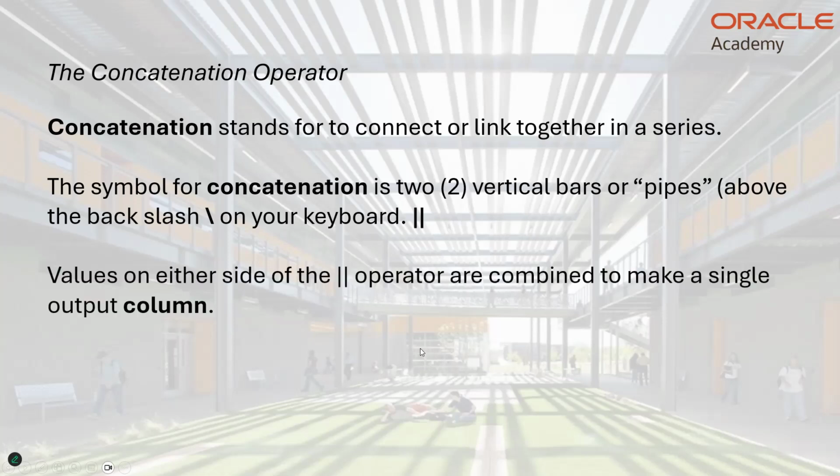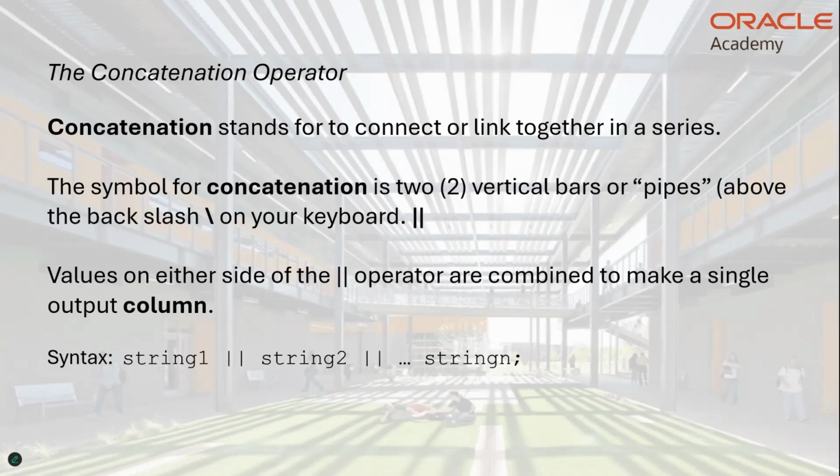And basically, there's some requirements. You need to have values on either side because the system will look for the values that you're going to combine. And to give you a syntax sample, string 1 is a representation.